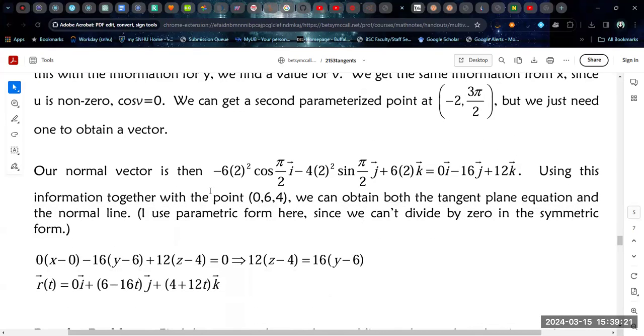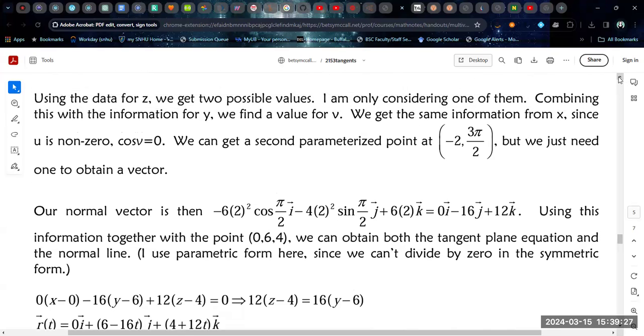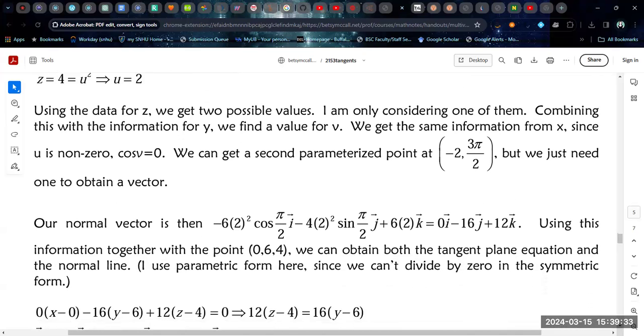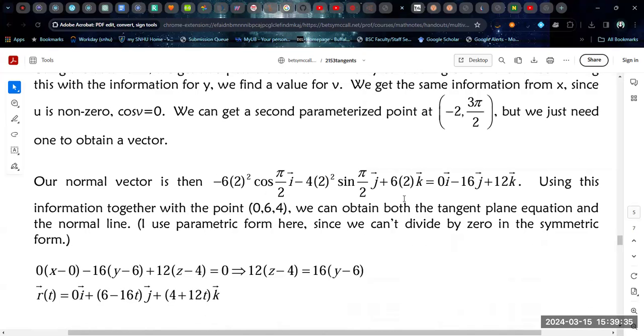Now, the normal vector is going to be plugging in the u and v values we obtained. u is 2 and v is pi over 2. We're going to plug those into the vector we obtained from doing the cross product, in order to get that vector pointing normal to the surface.